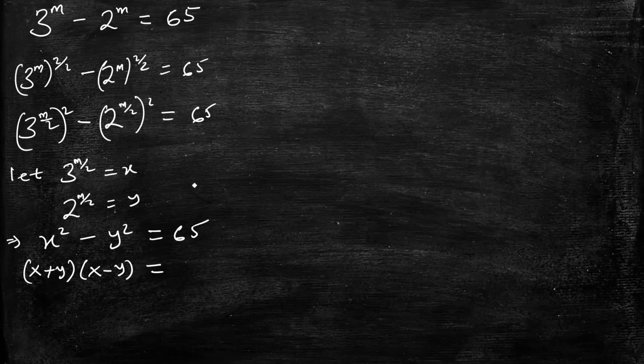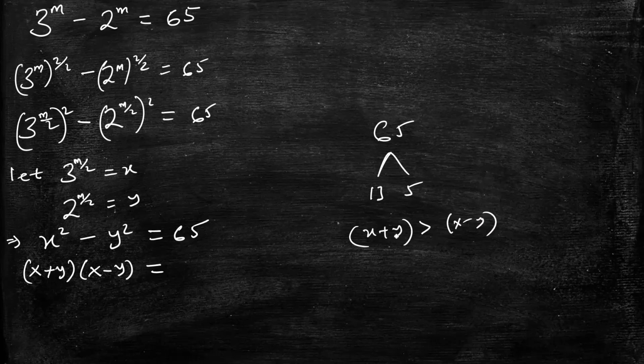Now let's adjust the 65. The 65 is the same as 13 times 5. But x plus y is more than x minus y, since this one is positive and this one is negative.